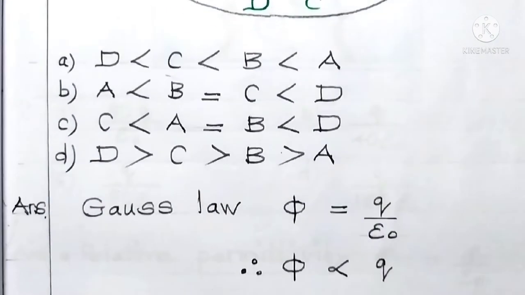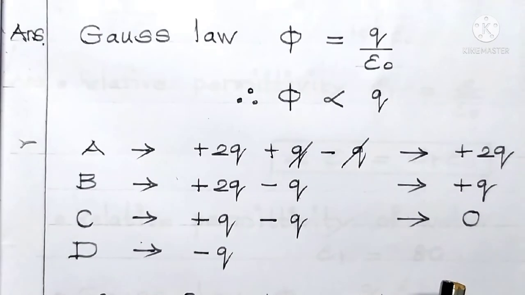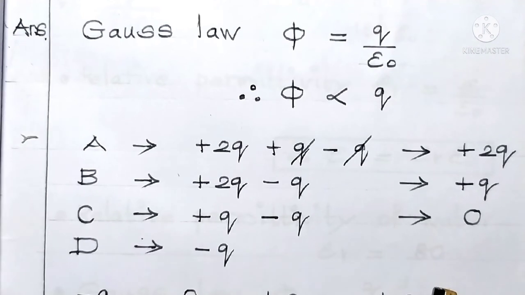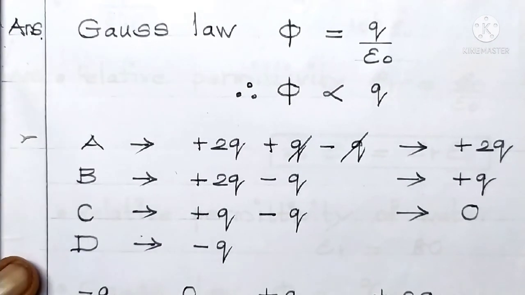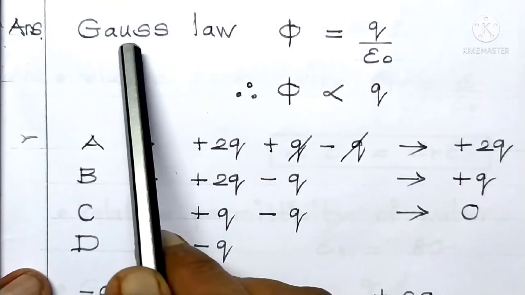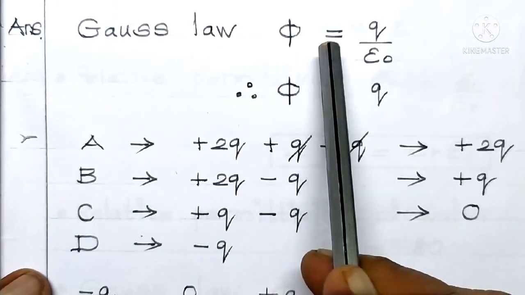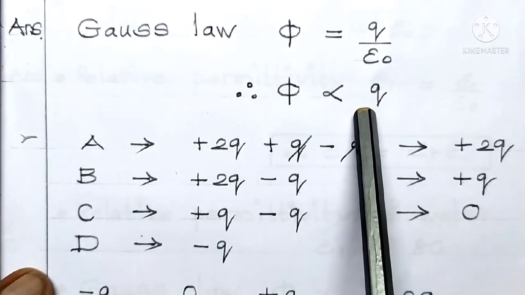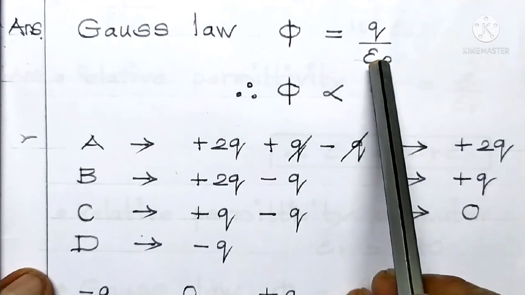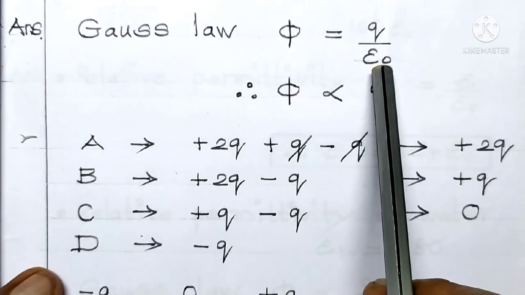Now let us find the answer. To solve this sum, we need to use Gauss law. We all know pretty well, Gauss law is phi is equal to Q by epsilon naught. Here, epsilon naught is a constant.